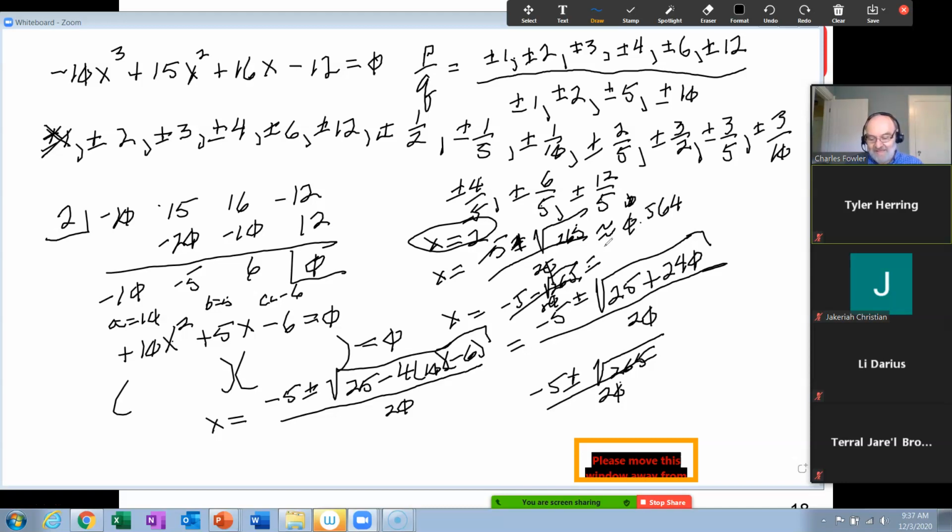I'm going to negate that because of the minus there, and then subtract 5 from that, and then divide that by 20, and that gives me approximately negative 1.064.